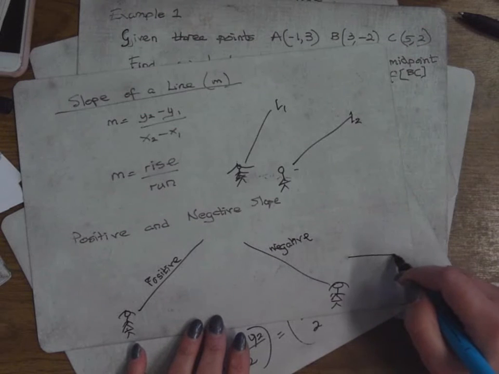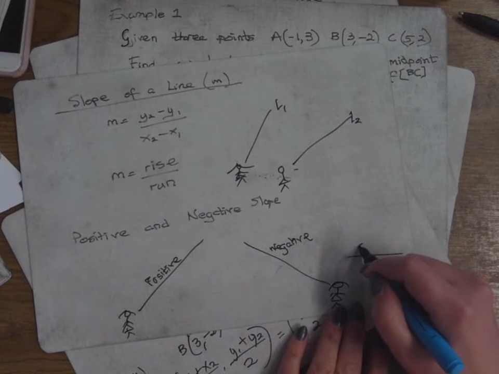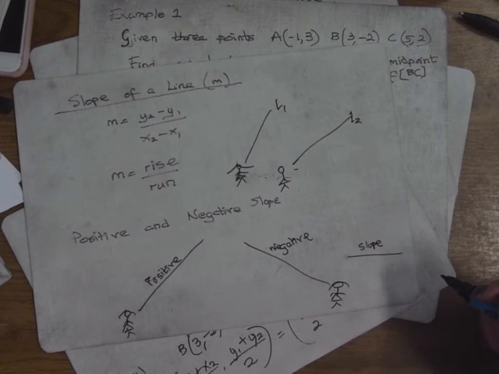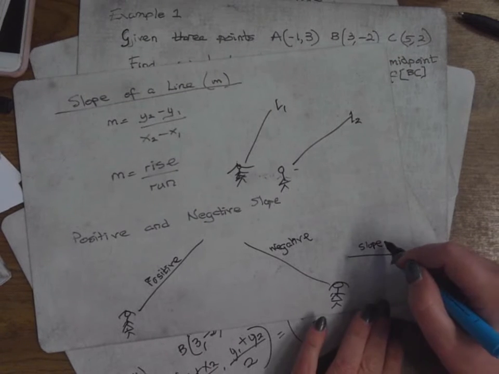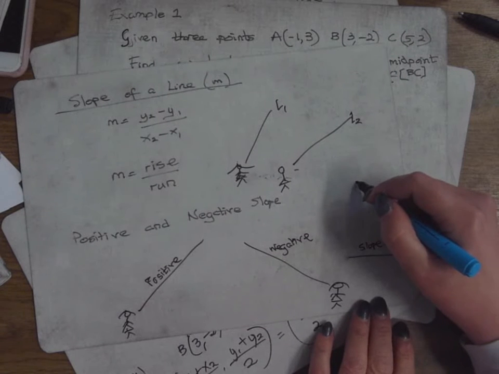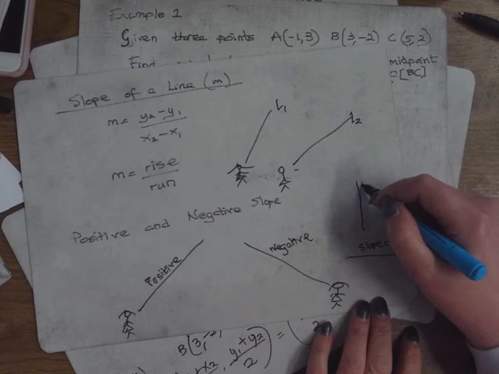What about a horizontal line, girls? What hill? So it's got a slope of what? Slope of a horizontal line? There is no hill, so it's got a slope of 0. Is that okay? Slope of 0? And if you have a vertical line, girls, the slope of that is so big, it's undefined. It's infinity and beyond.